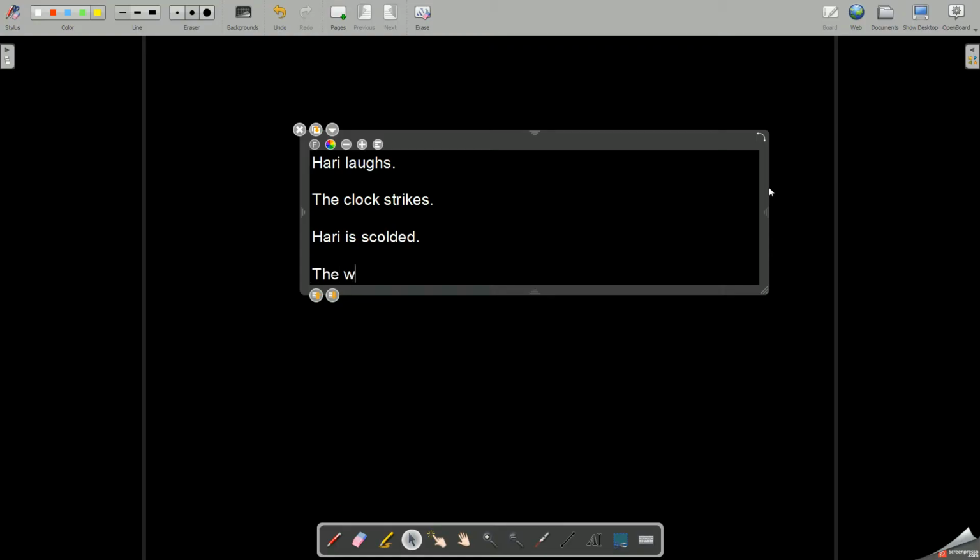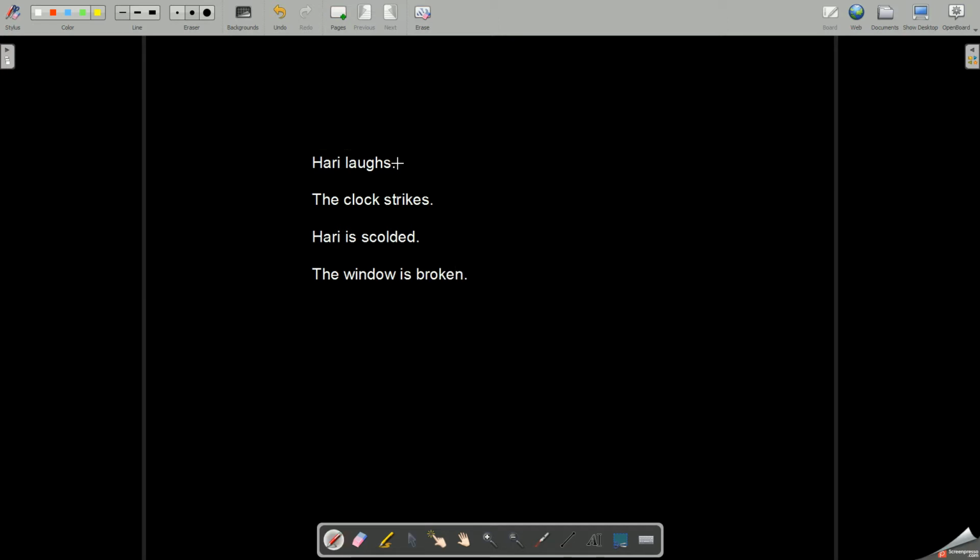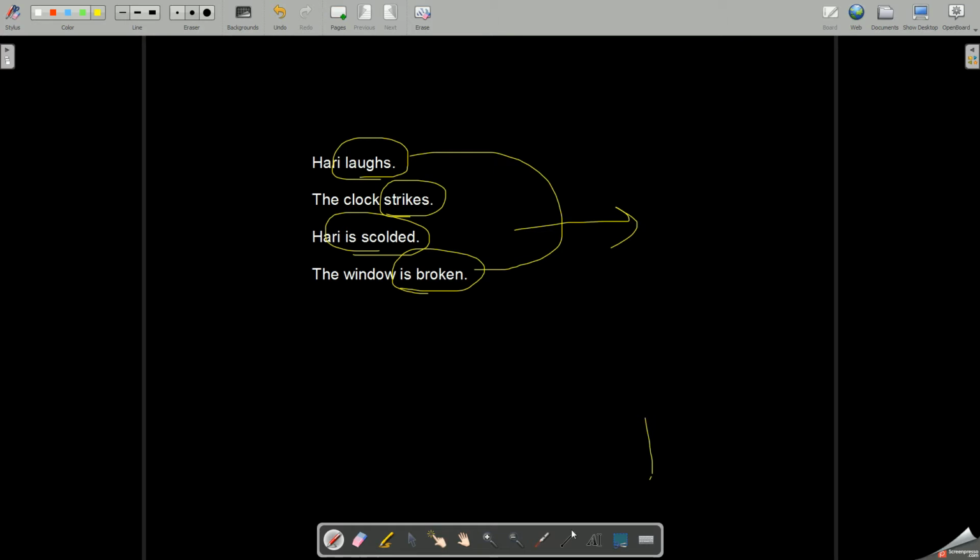The window is broken. So here all the words which specify some action, like laughs, strikes, is scolded, is broken, they are what? Doing words, and hence they are known as what? Verbs. All these words are known as verbs.